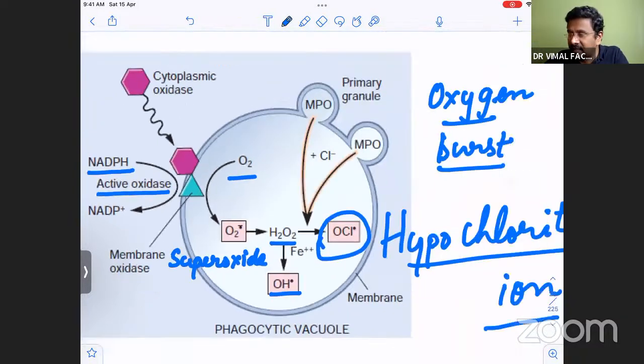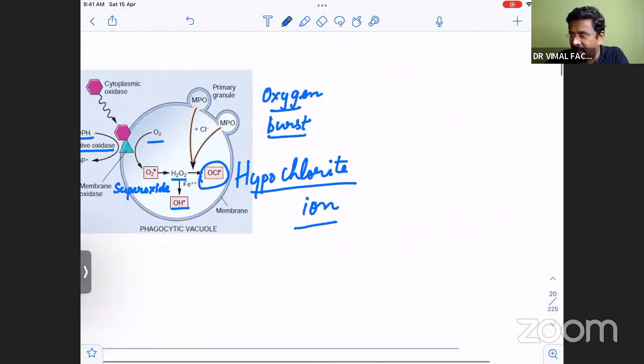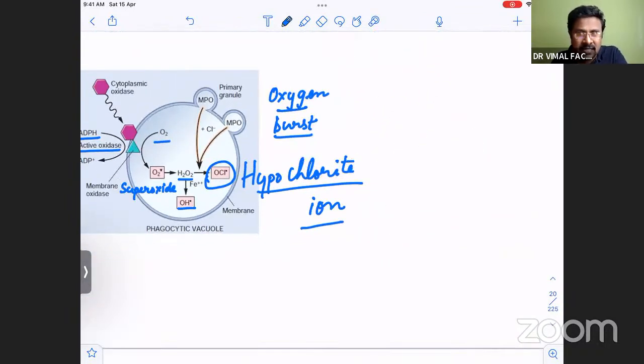What disease do you get if NADPH oxidase is not there? If any injurious agent is not being eliminated by the body, you will get chronic granulomatous disease.